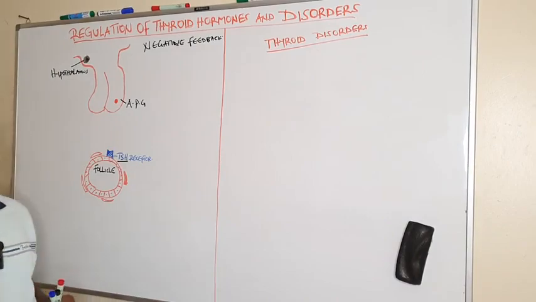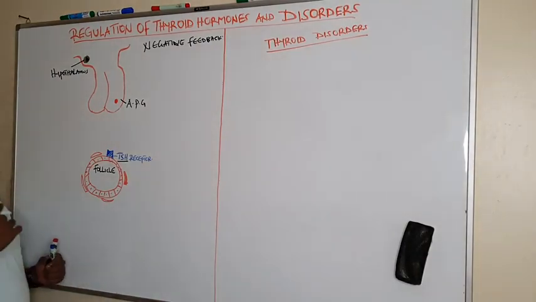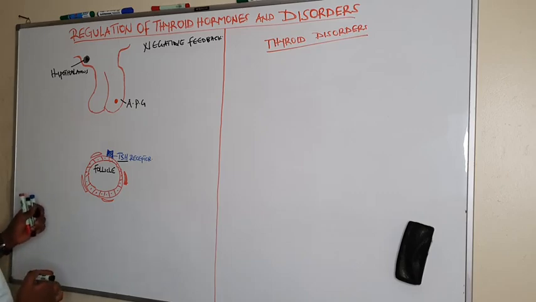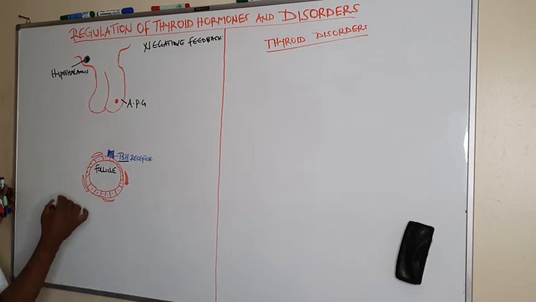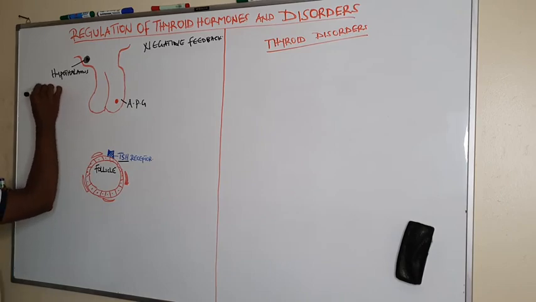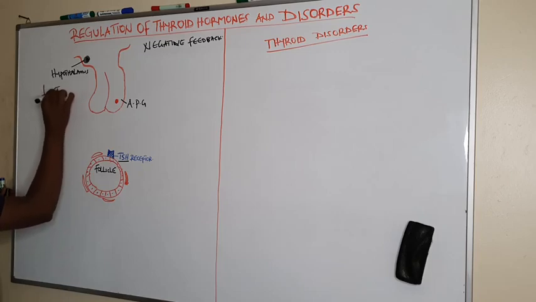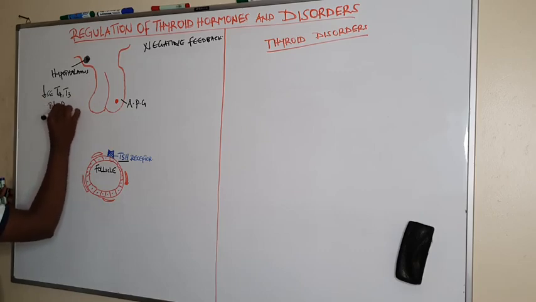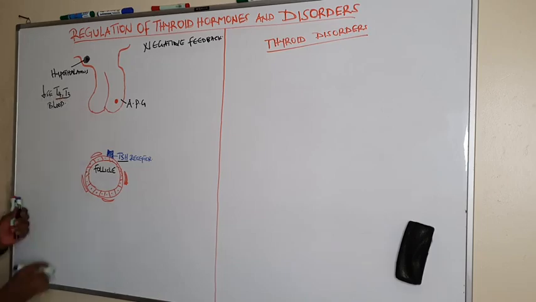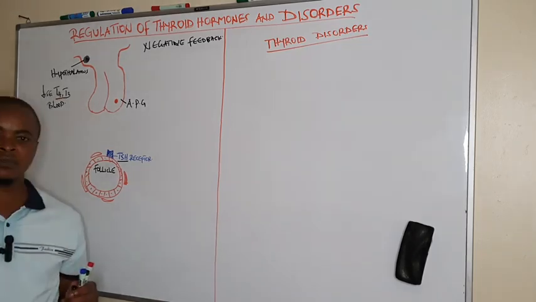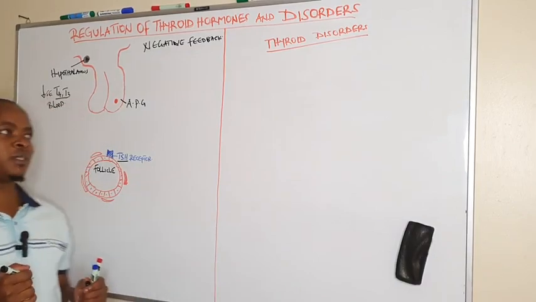And the regulation is triggered by low levels. If we have low levels or decrease of T4 and T3 in blood, low levels of T3 and T4 in blood is detected by hypothalamus.